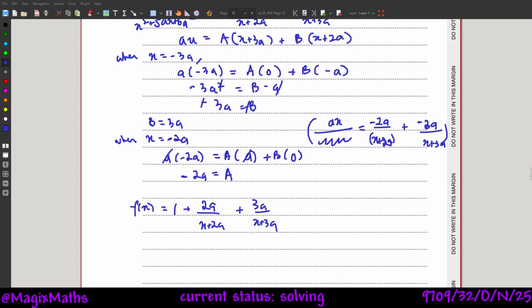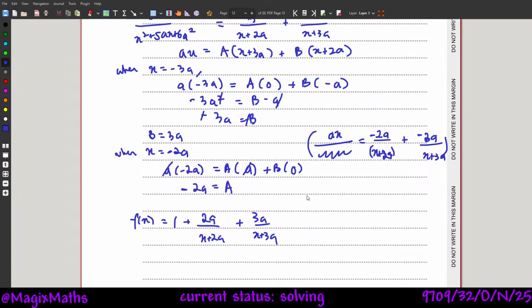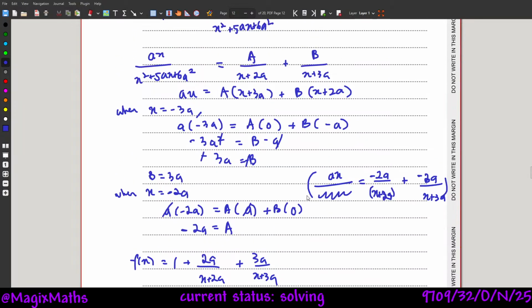Yeah, B is 3a, whilst C is, oh my goodness, I might have made a mistake somewhere. B is equal to 3a. Why is it negative?